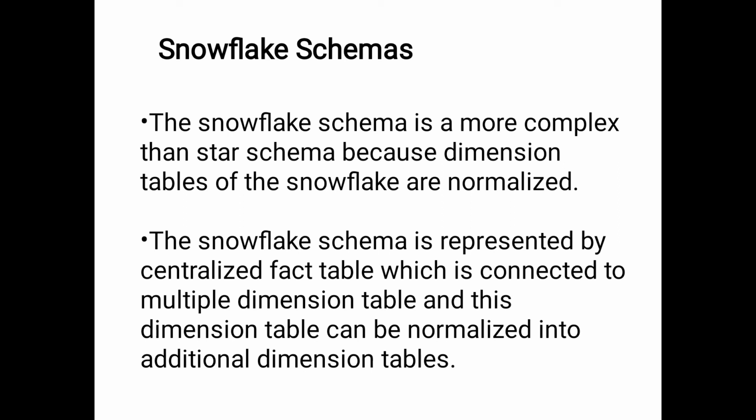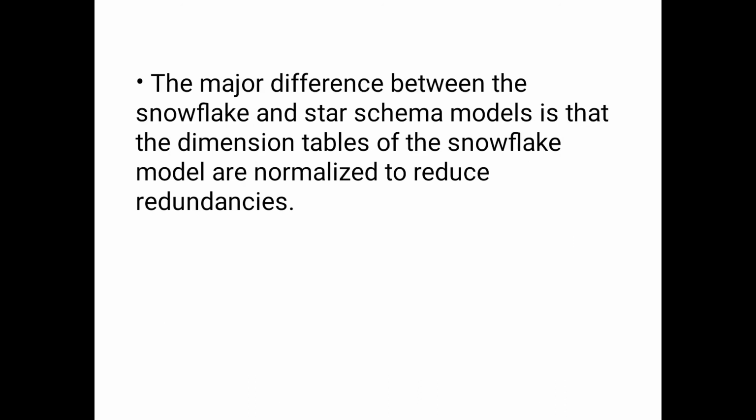The snowflake schema is represented by a centralized fact table, which is connected to multiple dimension tables, and these dimension tables can be normalized into additional dimension tables. The major difference between the snowflake and star schema models is that the dimension tables of the snowflake model are normalized to reduce redundancies.